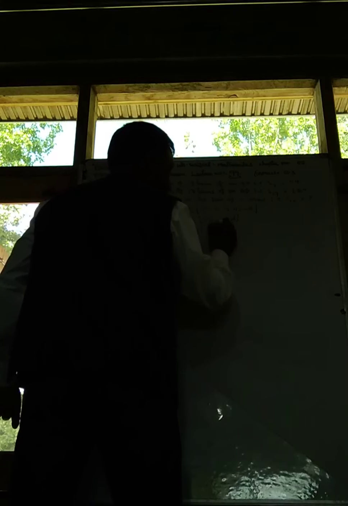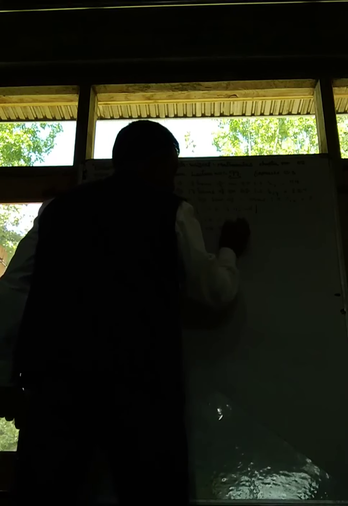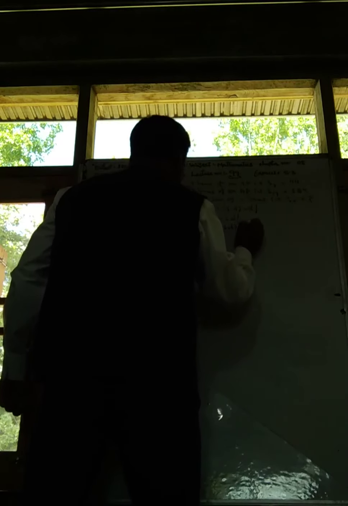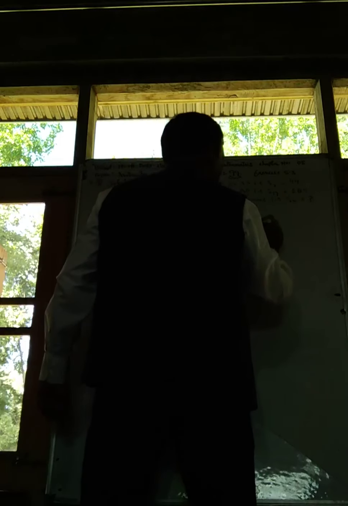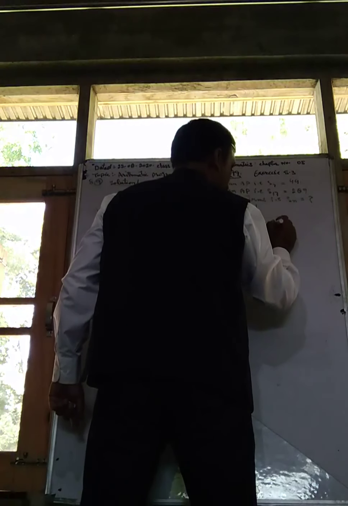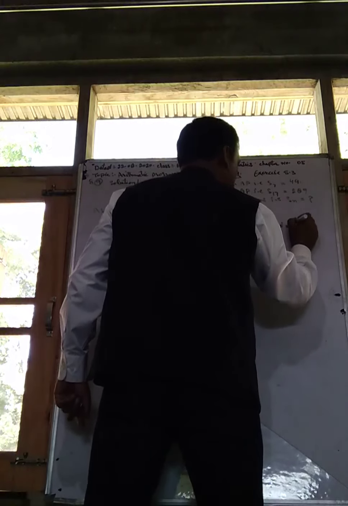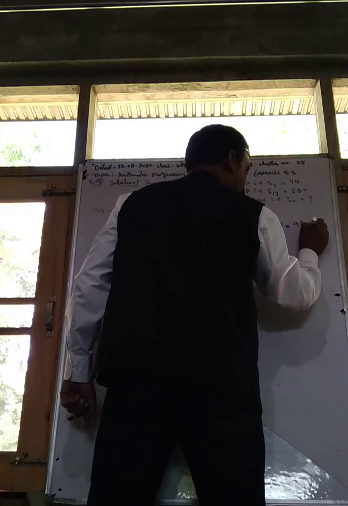49 into 2 is equal to 98, which is equal to 7 into (2a plus 6d), which implies 2a plus 6d is equal to 98 divided by 7.